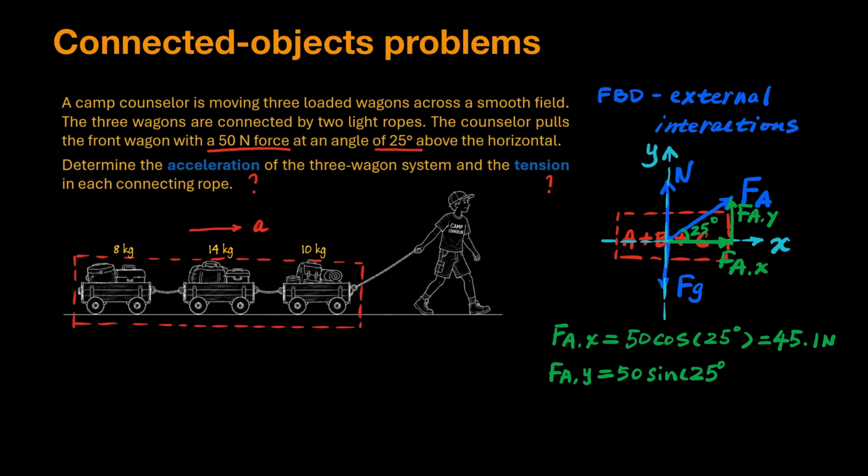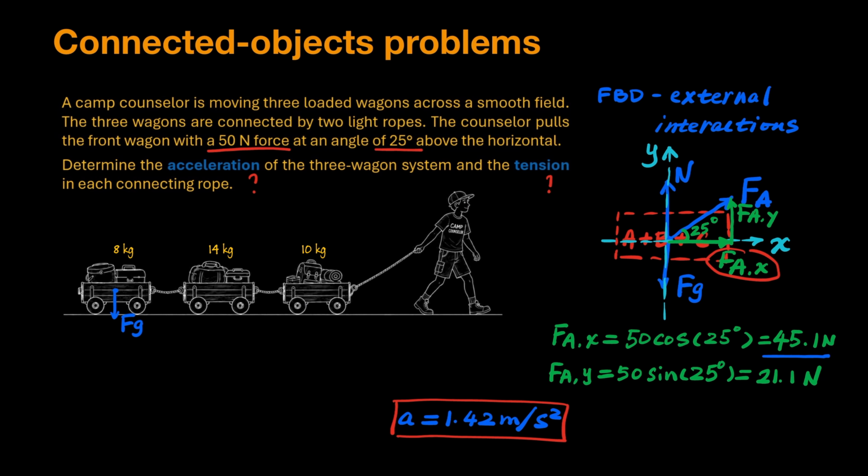We have the gravitational force downward, the normal force upward, and the tension pulling the wagon forward. In the vertical direction, there's no acceleration, so the normal force and gravity are balanced. That leaves only the horizontal direction.